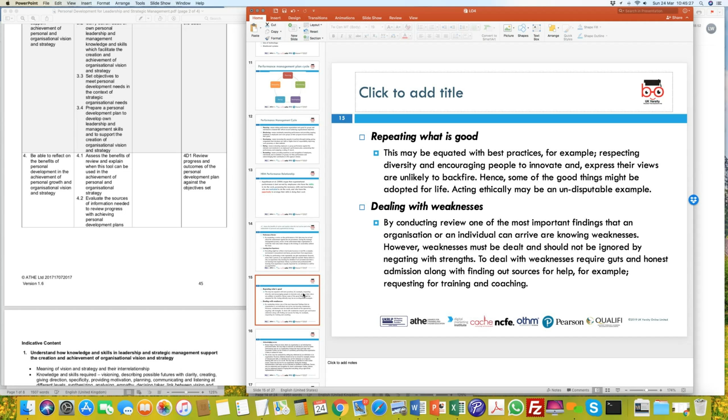Now sometimes these could also backfire. When I say they can backfire, it means some of these things have become obsolete, or they cannot be tried or tested anymore.